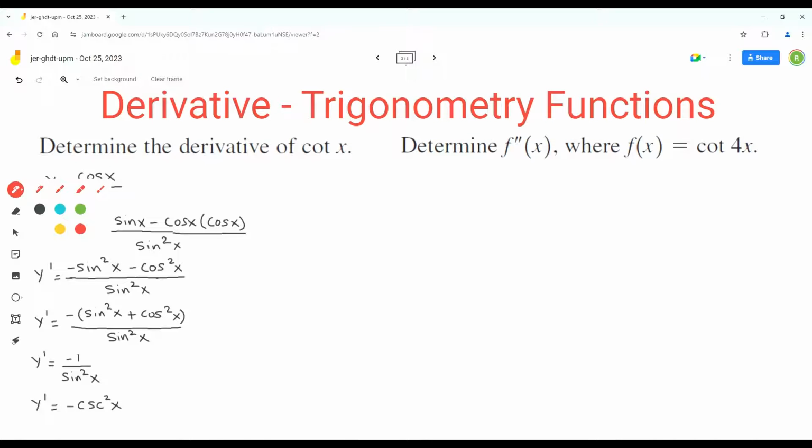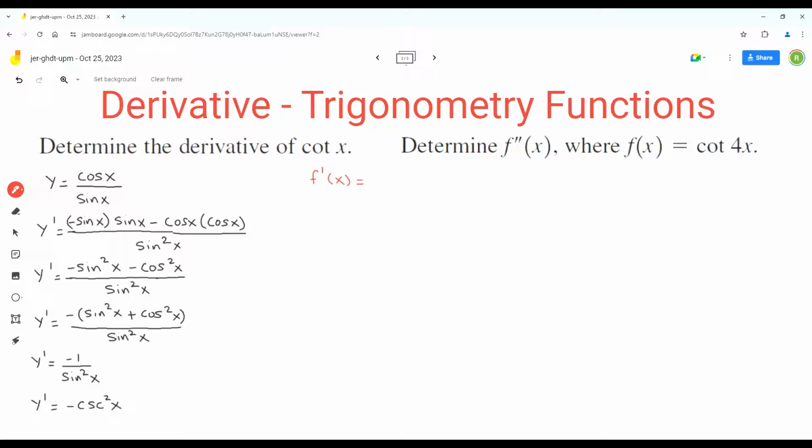So as per the second problem, determine the second derivative of f at x, where f at x is equal to cotangent 4x. So we should start by finding the first derivative of f at x. Now cotangent 4x is a composite function. So there is this outer function cotangent and the inner function is 4x.